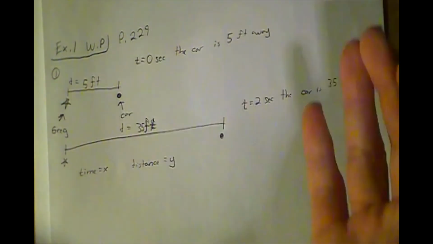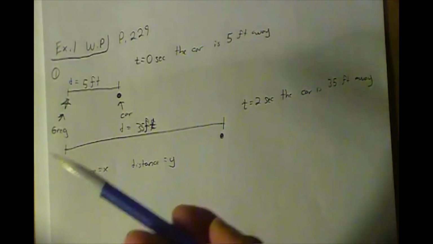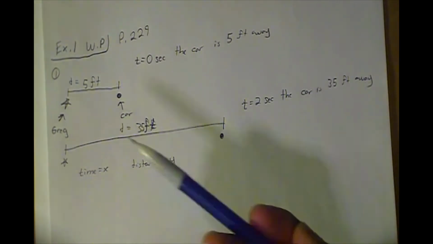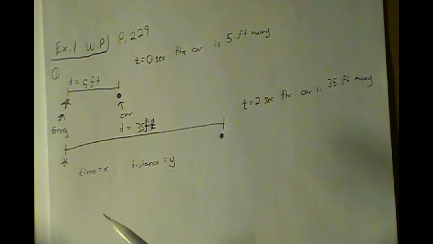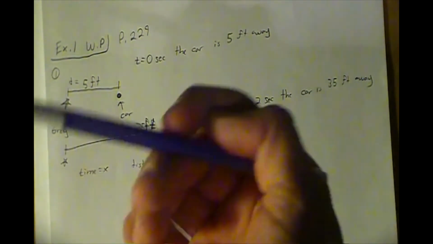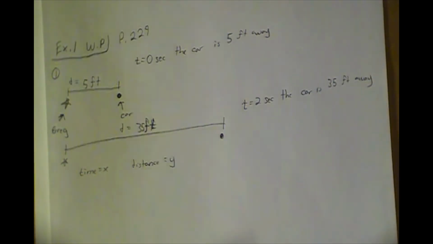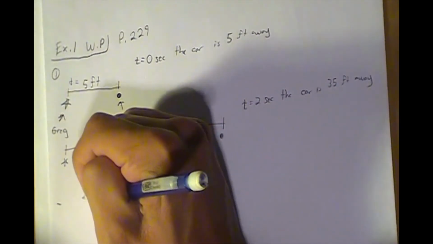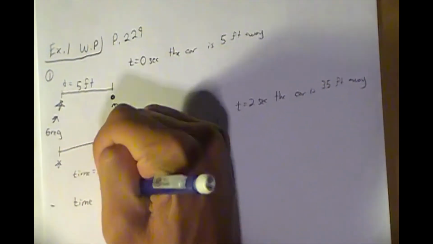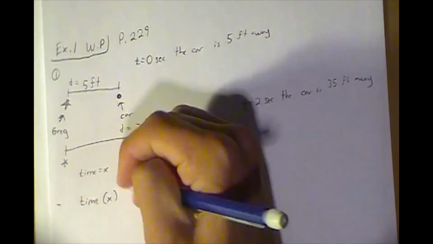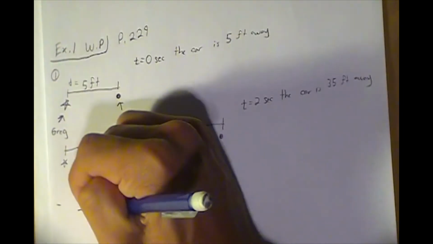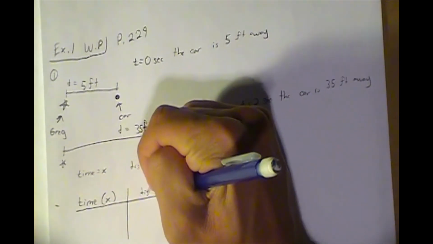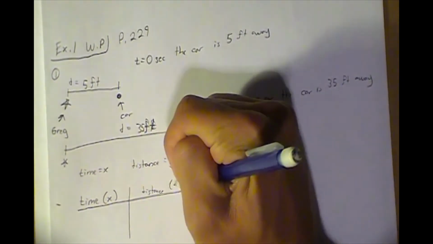As time continues, the distance changes, because it states that the remote control car is moving at a constant speed. So that means that distance is changing because of time. So we can identify, using a little table, time, or x, and then the distance, or y.